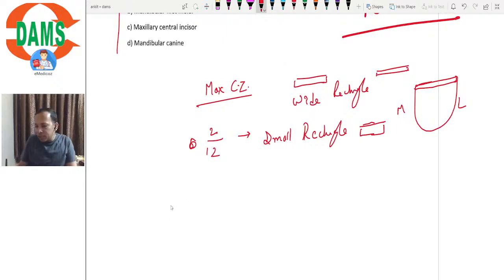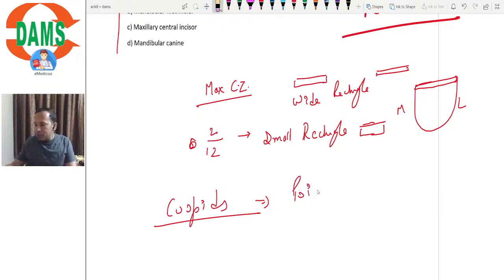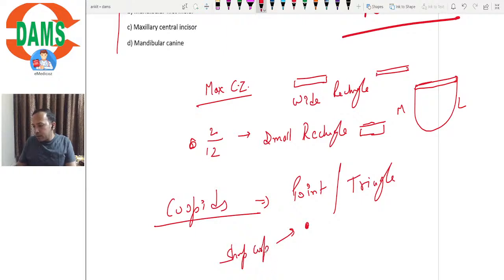What about the cuspids? Cuspids will lead to formation of either a point or a triangle. So point when there is a sharp cusp, and triangle when the cusp tip is worn out, isn't it?